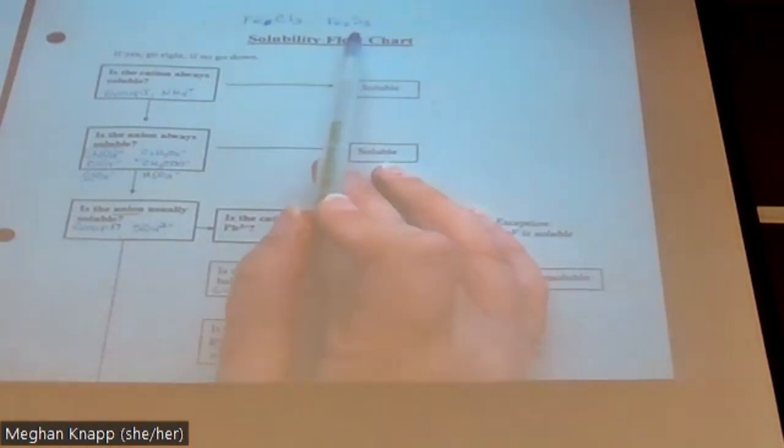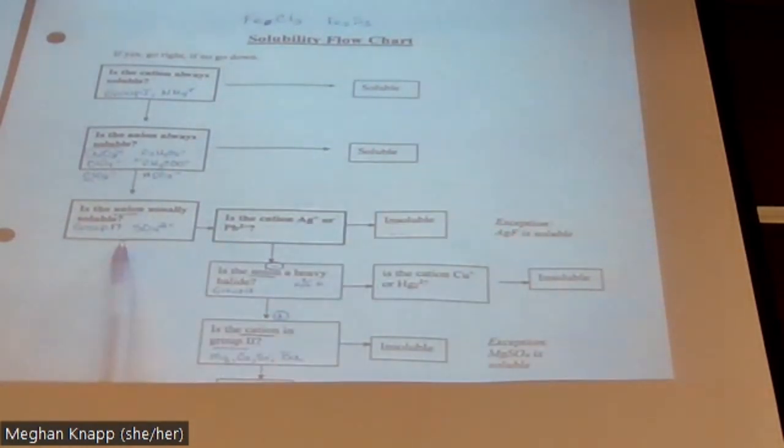What about sulfide? Not always soluble. Okay, so I go down here. And this is where I'm going to divide. Let's look at chloride first. Is the anion usually soluble? Does chloride fit into group 17? Yes. So we're going to go to the right. And remember, we're dealing with iron chloride. Is the cation silver or lead? No. So we're going to go down. Is the anion a heavy halide?